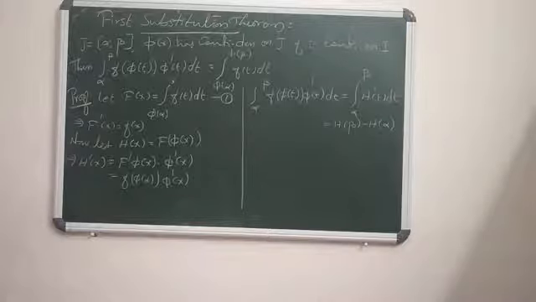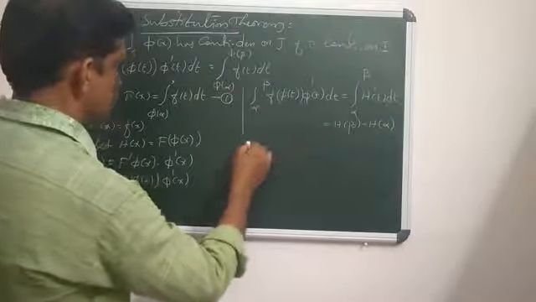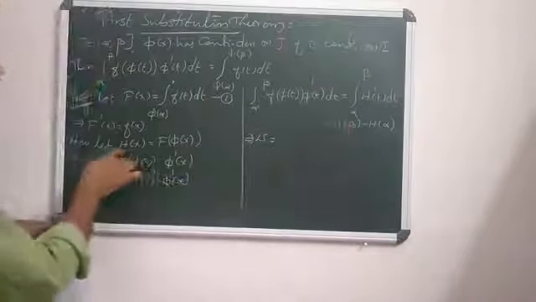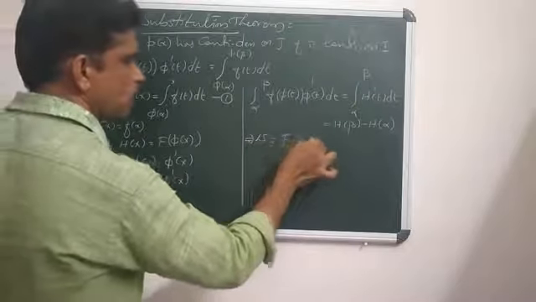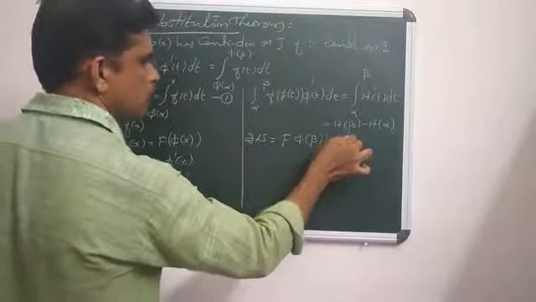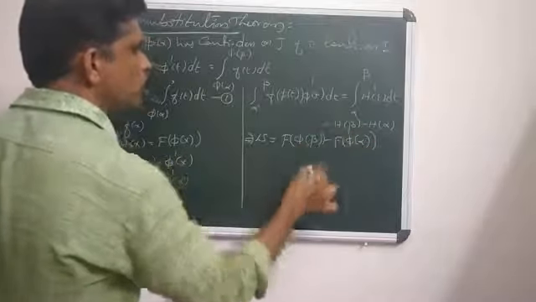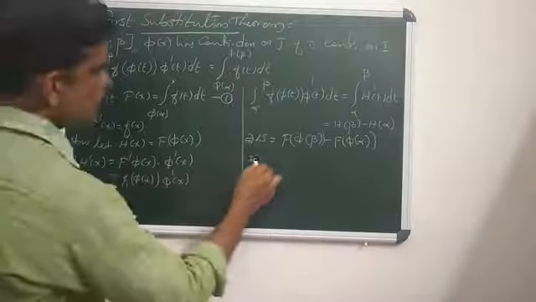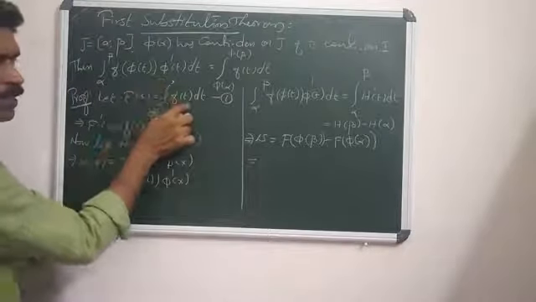What is h beta? The left side equals h beta minus h alpha. What is h? It is F of phi of x. So h beta means F of phi of beta minus F of phi of alpha. What is F of x? It is the integral from phi alpha to x of f of t dt.